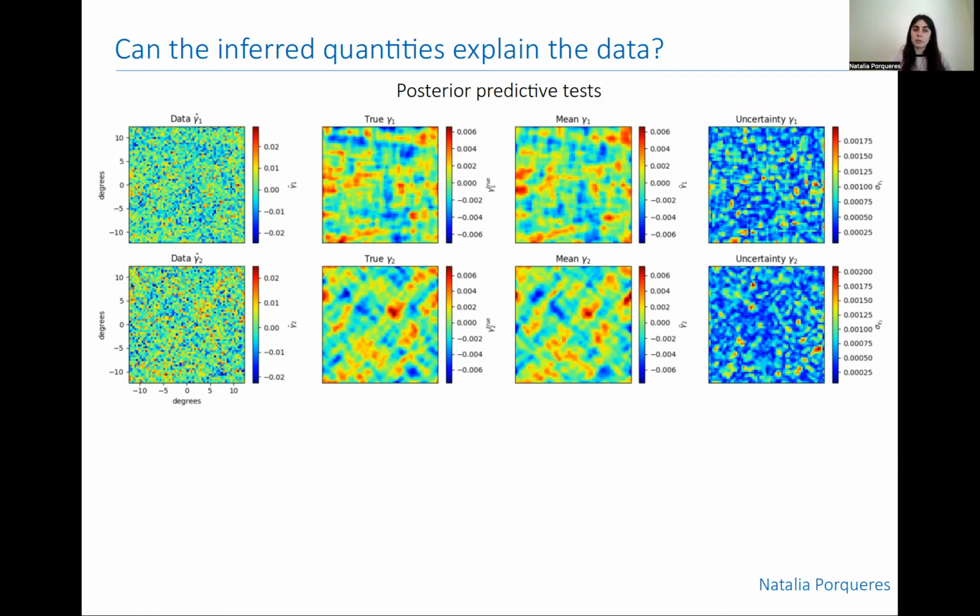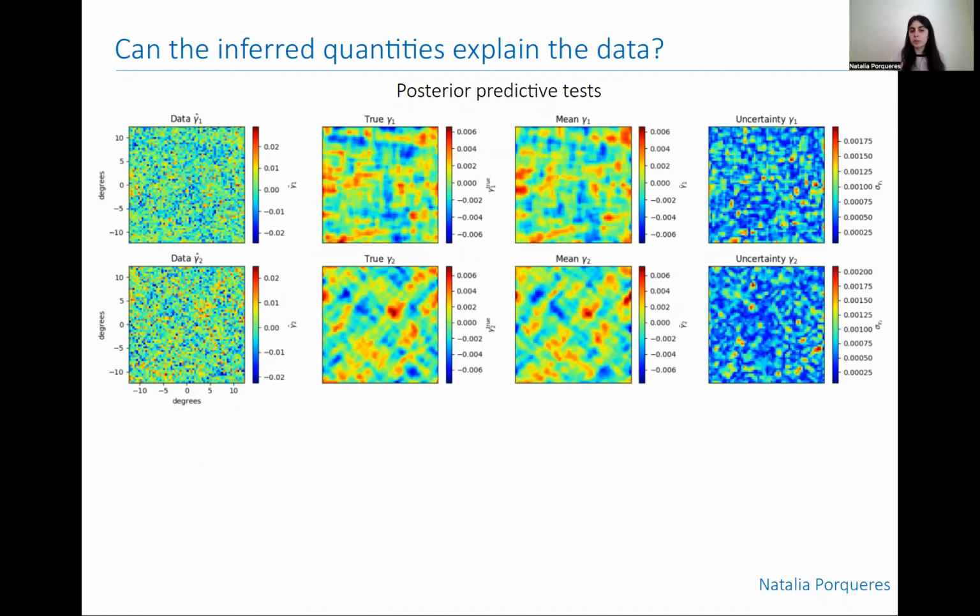So this was how the data looked. The second column is the truth for the two components of the shear. And the other columns are the results of the posterior predictive test. That basically means we take all the quantities that we inferred, like the density and the cosmology, we apply the forward model to them and see whether we can actually recover the truth, whether our inferred quantities can explain the data.